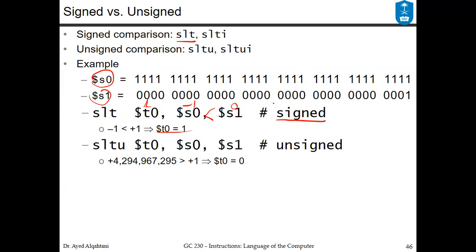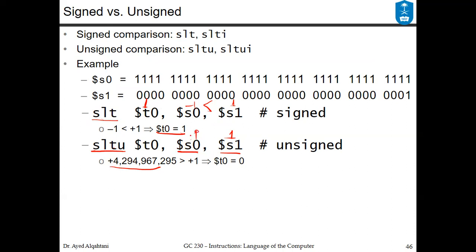Oh, sorry, this is not 0. This is actually 1. So this is -1 and this is 1. Same thing, it's true. -1 is less than 1. So this is going to be true, which is T0 will equal 1. But if you use another variation of set less than, called set less than unsigned, this means that it considers S0 and S1 as unsigned numbers, which means that this is going to be 1, and this one is going to be a really huge number with a lot of ones, which is this number, 4 billion.